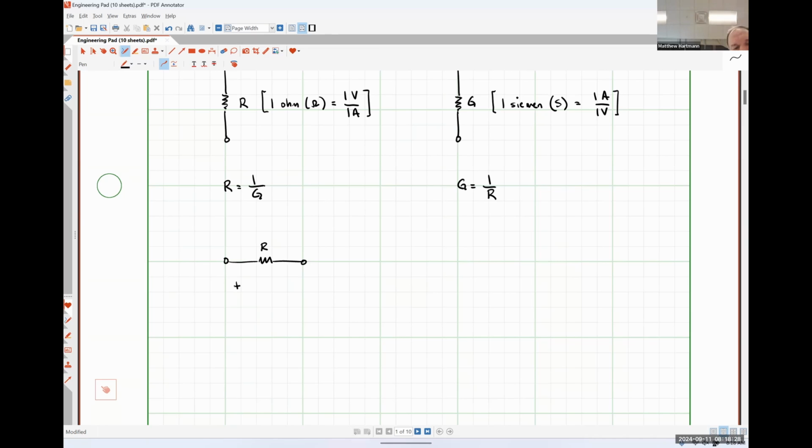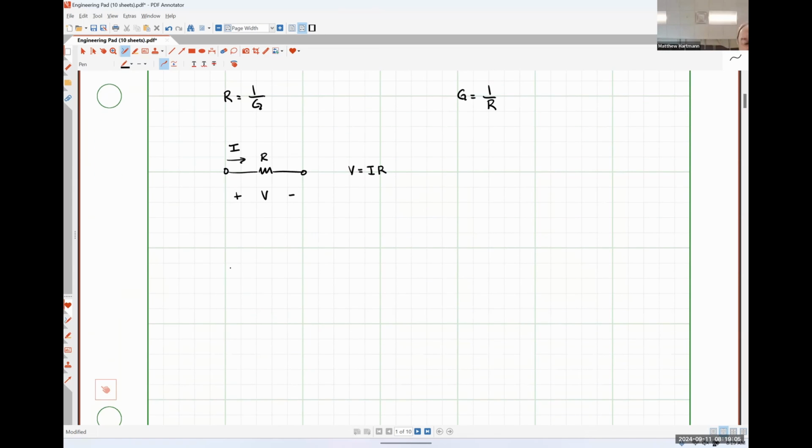I'm going to draw a voltage, positive polarity on the left, negative polarity on the right, and I'm going to draw a current flowing in to the positive polarity terminal. Okay? So in this particular configuration, Ohm's law looks like V is equal to I times R, which is what you guys learned in your Engineering 120 series courses, right?